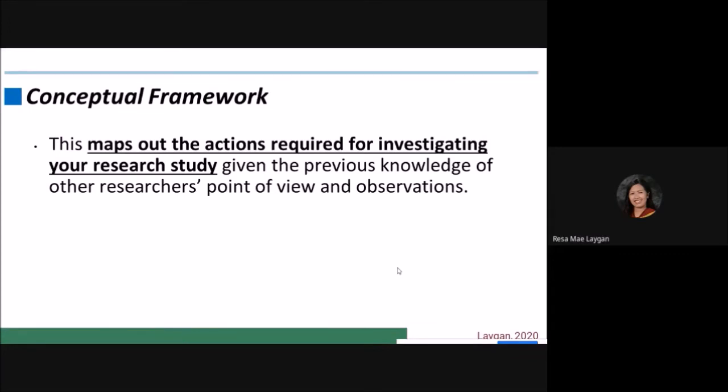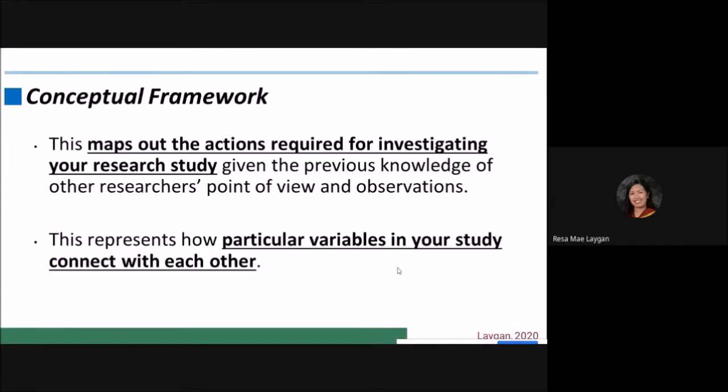Here, in your conceptual framework, you are going to assess again your journal studies, and among those existing researches, what will be your basis? You have to choose one journal study whose concept may be applied to your research paper. So this represents how particular variables in your study connect with each other.